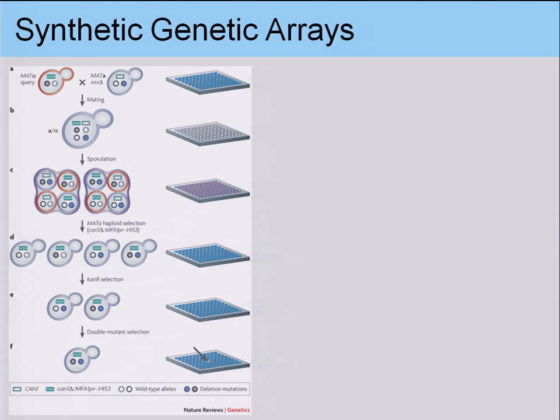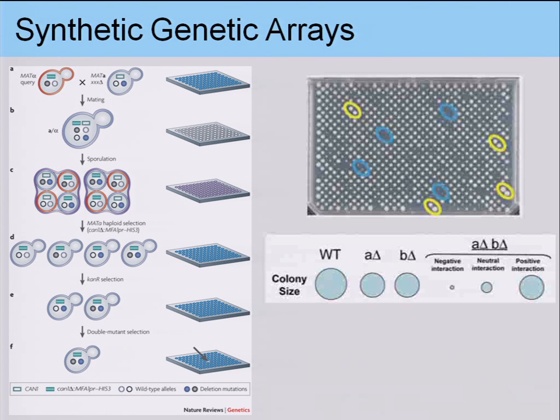I won't go into too much detail, but you can engineer different mutations, shown here in the genes on the left and the right. Through a series of mating and selection steps, you finally arrive at a double mutant, and typically people arrange these in very high density arrays, such as 1536 or 384 colonies, and you can take a picture.